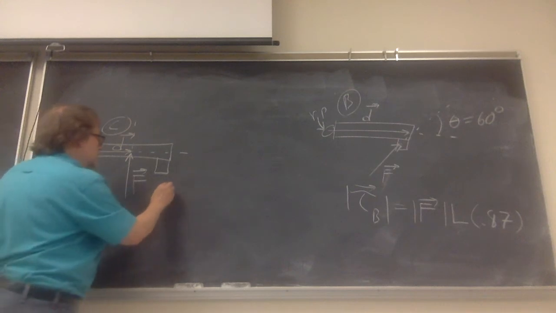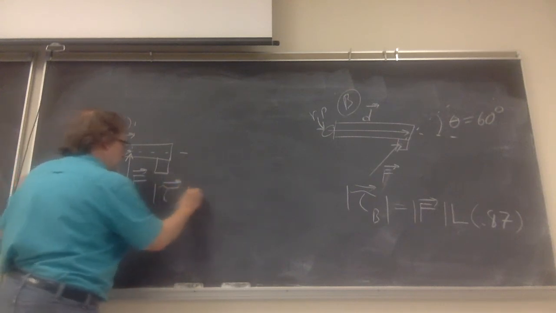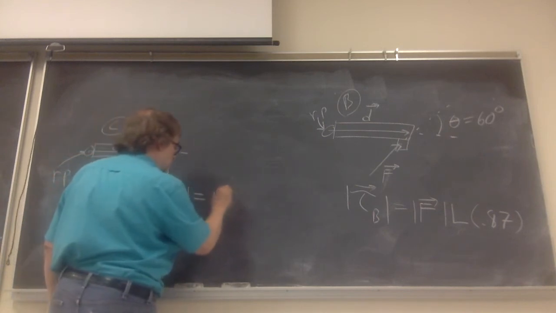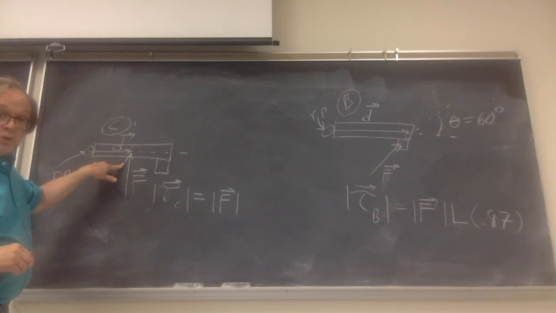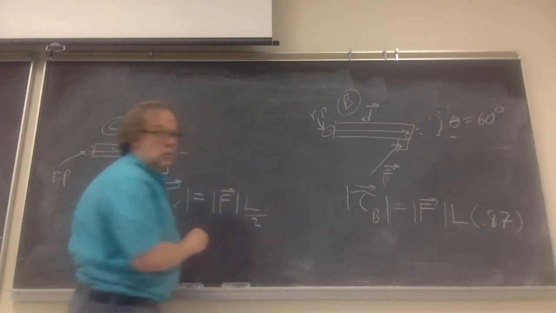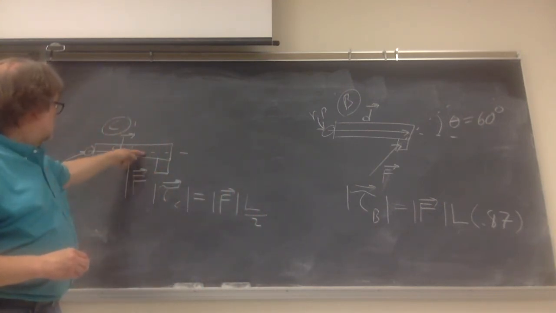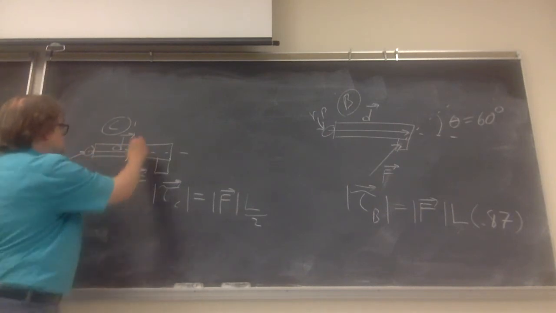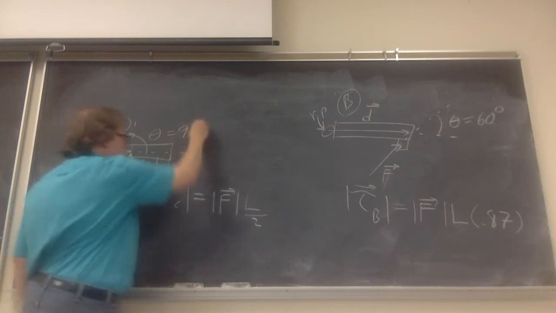So in case C, the strength of torque C is equal to the strength of the force, times the magnitude of the displacement vector, which is only half of what it was before, or L over 2 meters, times the sine of this angle, which is 90 degrees.